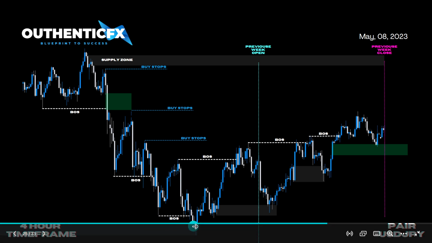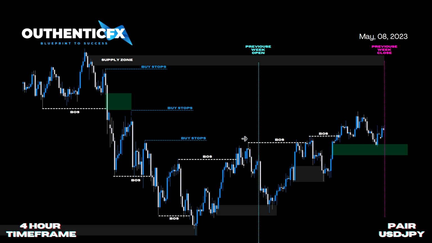So we then reach our order block on the higher time frame. Once we mitigate that order block, notice how price gets into that order block and suddenly expands to the upside, breaking the previous lower high with a clean break of structure.